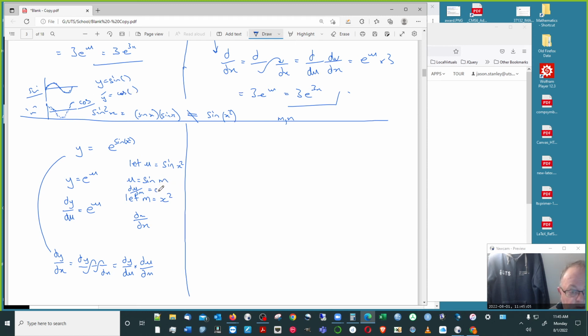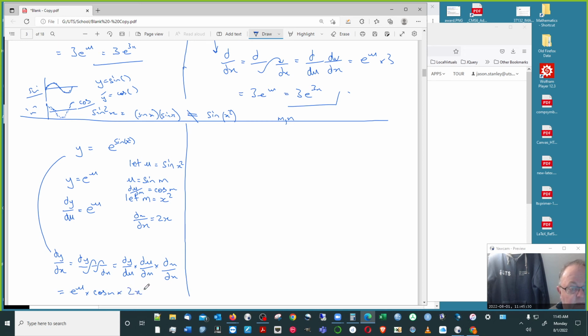So this one here is going to be cos m, and the differential of this one is 2 out the front, 1 off, so we get 2x. So we've got dm dx. So our total is e to the u times cos m times 2x.